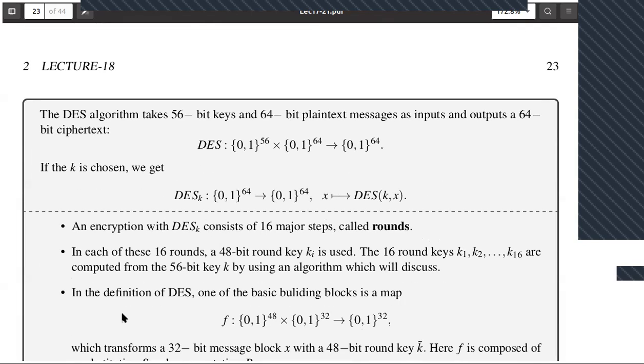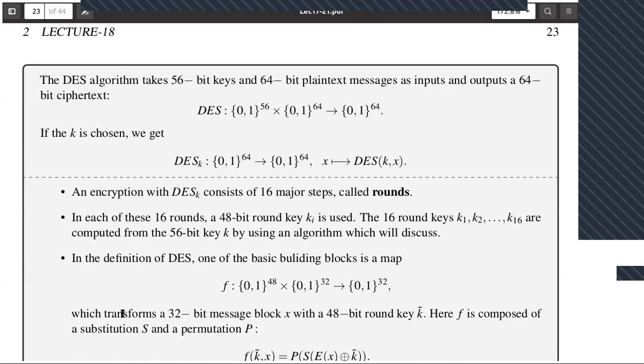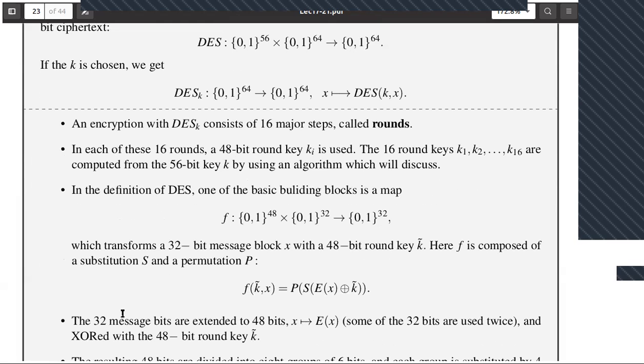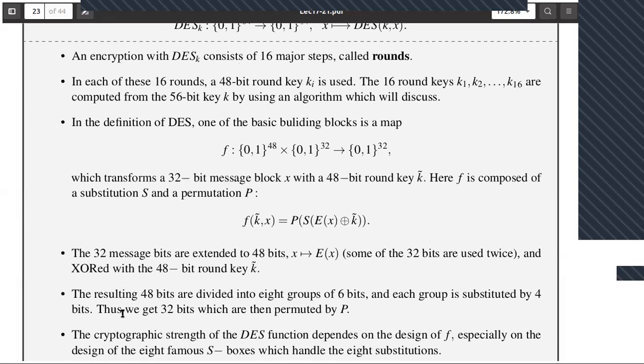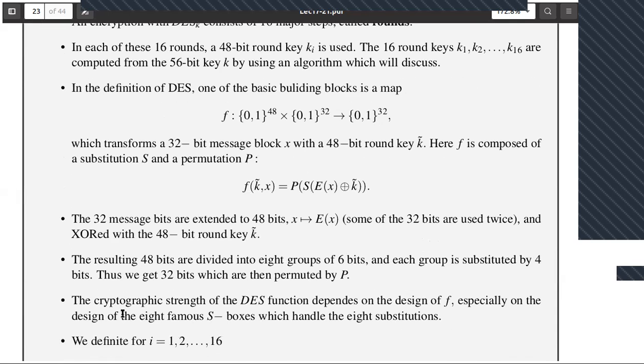Once we choose the key, DES_K, the same single key is used. Once I fix the key, it takes plain text to ciphertext. An encryption with DES_K consists of 16 major steps. What is F? F is a map from 48 cross 32 to 32.